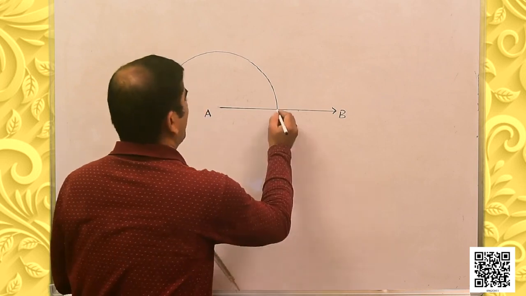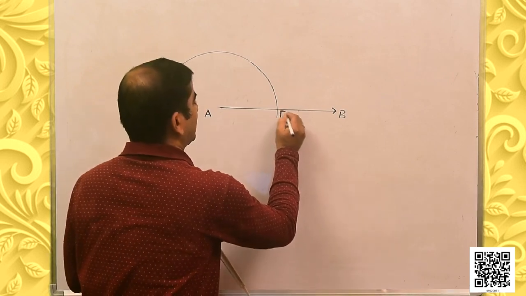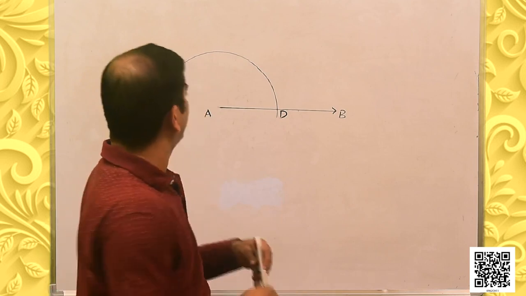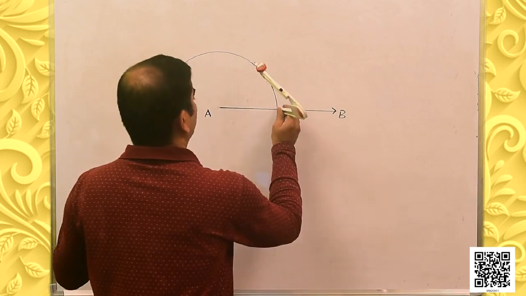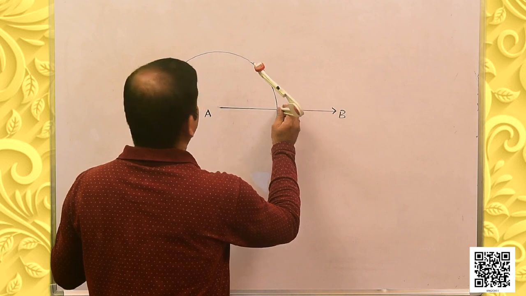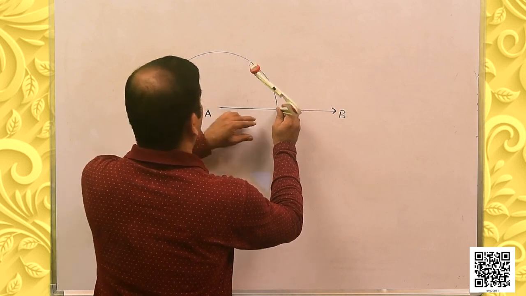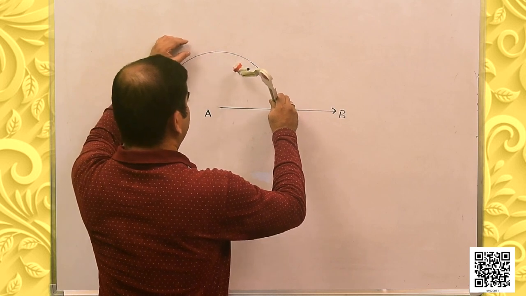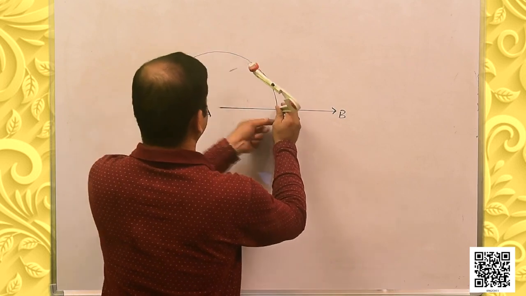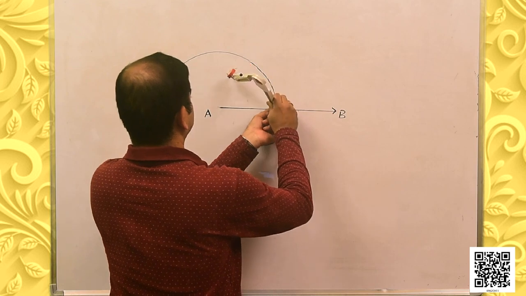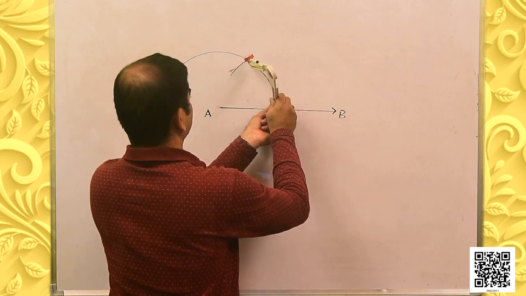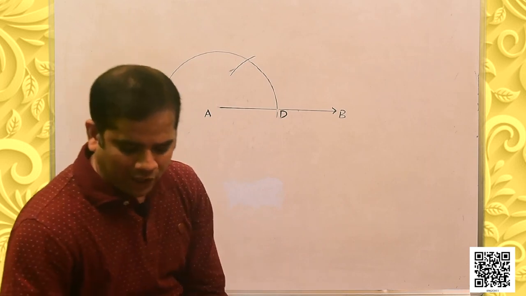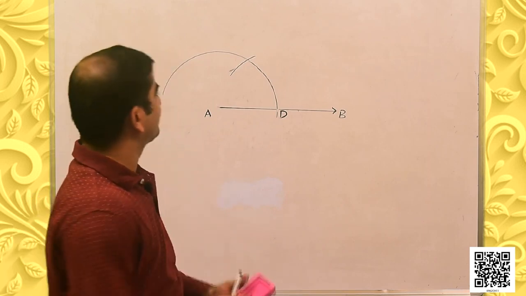I am giving the point of intersection as D. The name of the point is D as it is given in your book. Now, we have to intersect the arc from point D as well without changing the radius. We have got another point of intersection.